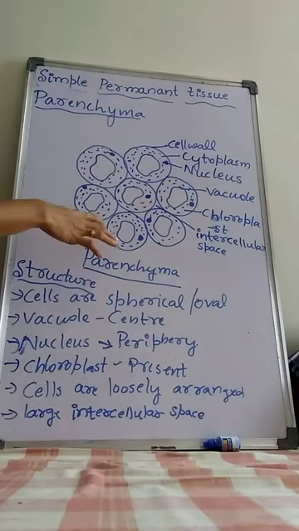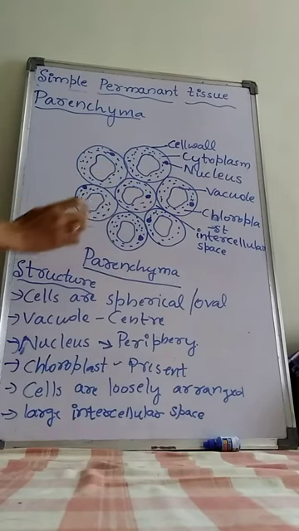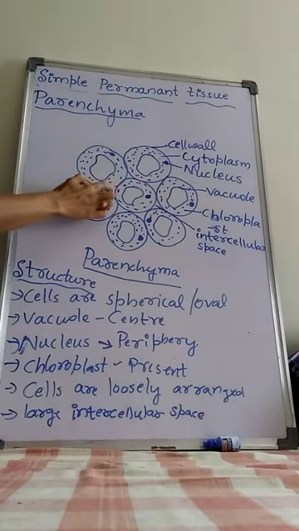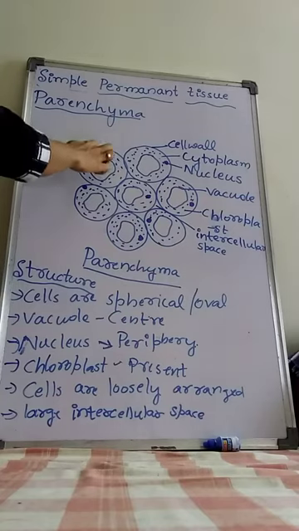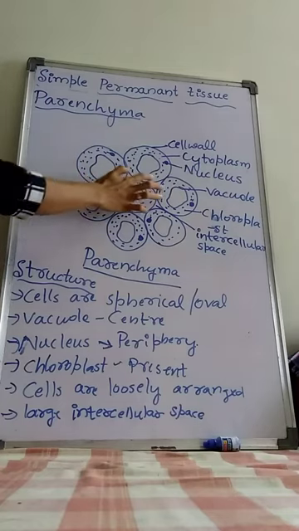See the structure of parenchyma. Cells are spherical or oval shaped and isodiametric, all sides equal. The cell wall is thin and made up of cellulose. Cells are loosely arranged, not compactly or tightly arranged.